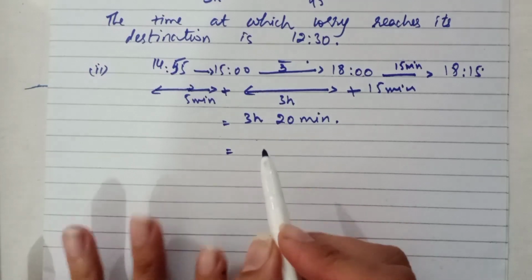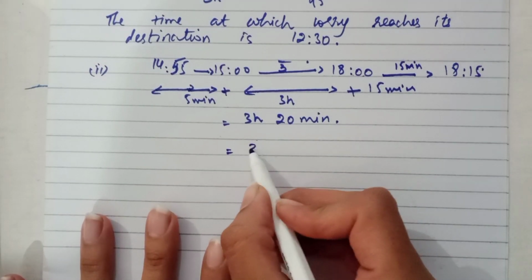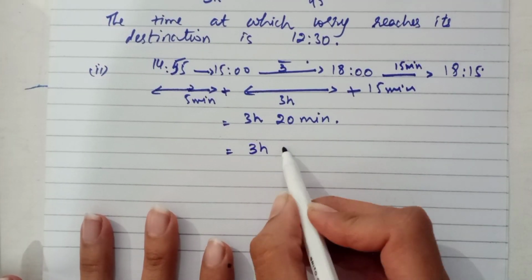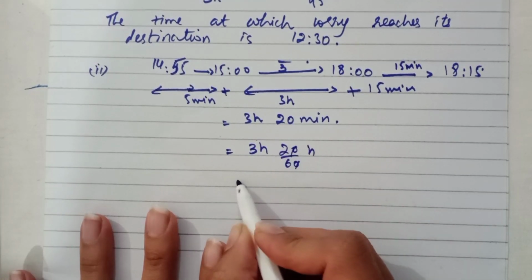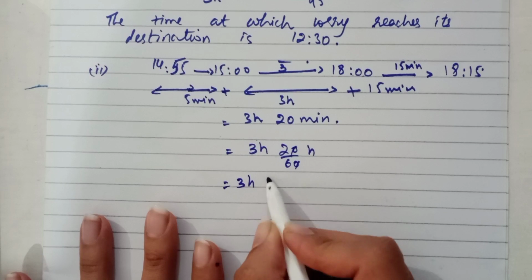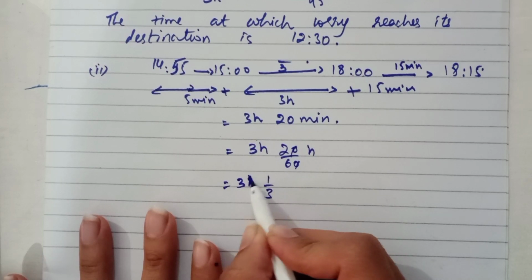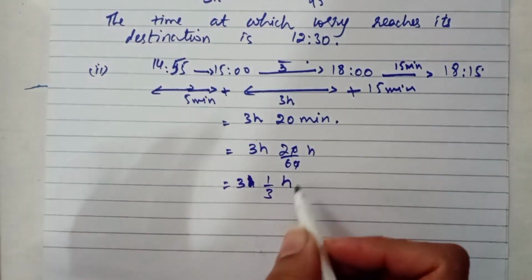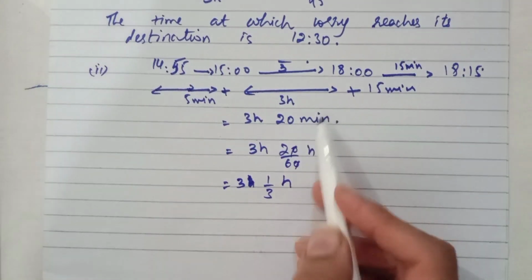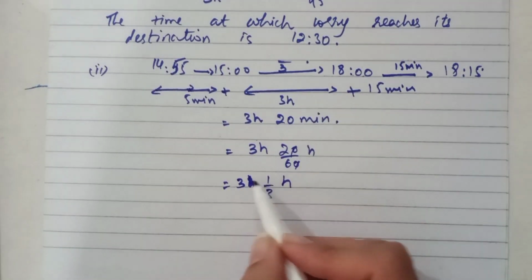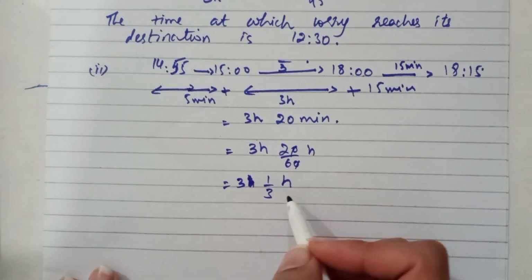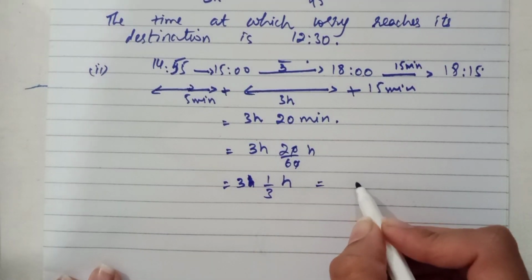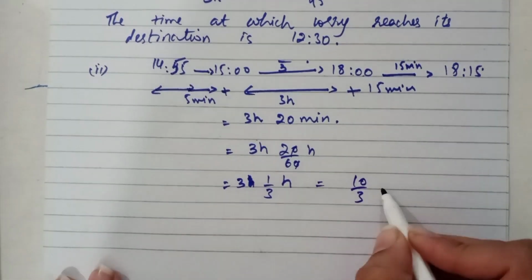If we convert into hours, we divide the minutes by 60 and we get 3 hours and 1 by 3. The time is 3 and 1 by 3 hours. Now in improper fractions it becomes 10 by 3 hours.